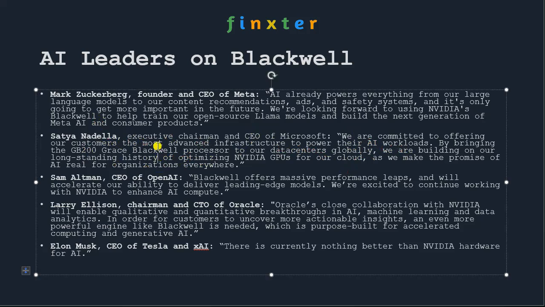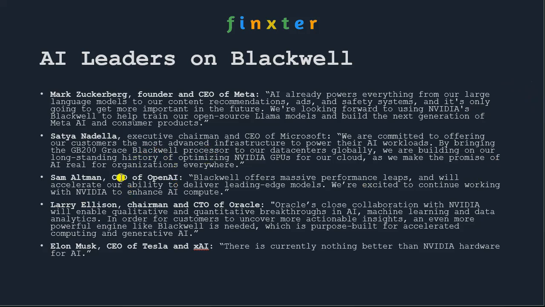So they integrate it into their cloud, so people can use the GB200 and Nvidia's chips in Microsoft's data centers, like Azure. Azure, AWS, and Google Cloud are all integrating the GB200 into their data centers. So Nvidia will make a lot of revenue just from selling it to those 3 huge, massive cloud customers.